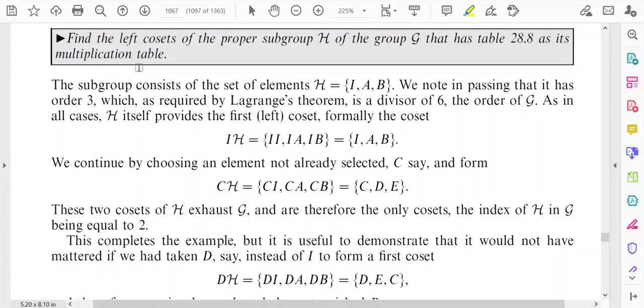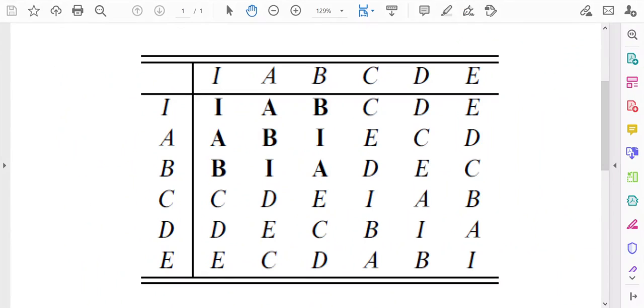Now our task is that for the particular group capital G, there is a particular proper subgroup capital H, and this subgroup consists of the set of elements H equals I, A, B. We have also discussed the concept of subgroup.